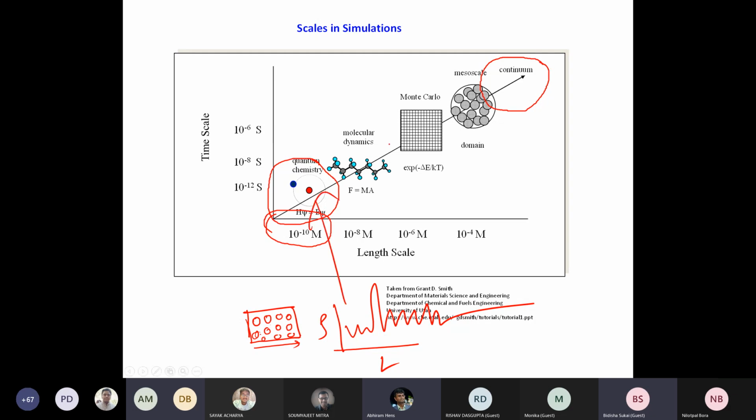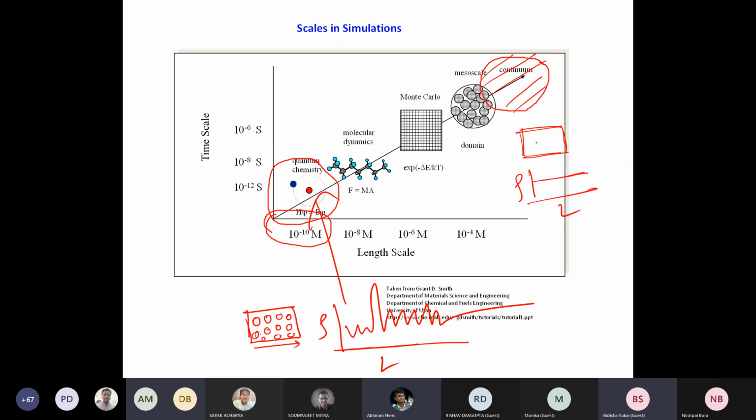In this quantum domain, this discrete existence is possible. Whereas in this continuum domain, we are assuming, this is an assumption, that if you have a box of gas molecules, the density along this length is remaining constant.